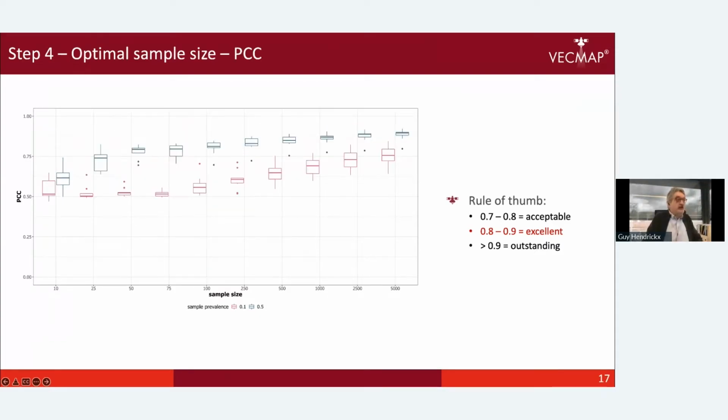Anyway, then we have the percent correctly classified. Here again, you look at the box plot, consistently narrow within the range. Again, you start having stable models from between 100 and 250 samples. But here also, you do have a significant difference between the balanced dataset and the unbalanced dataset.